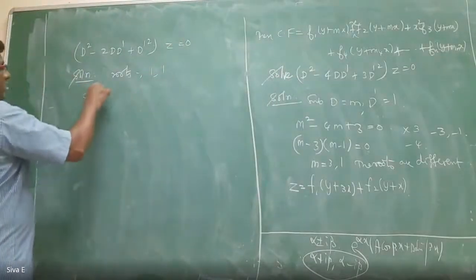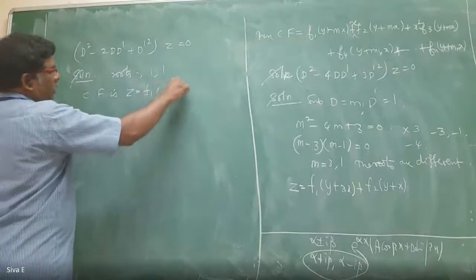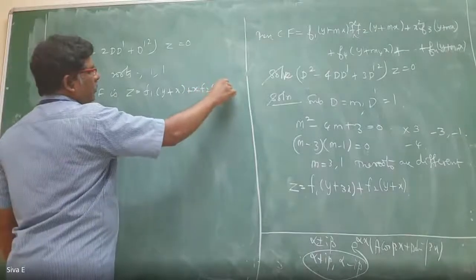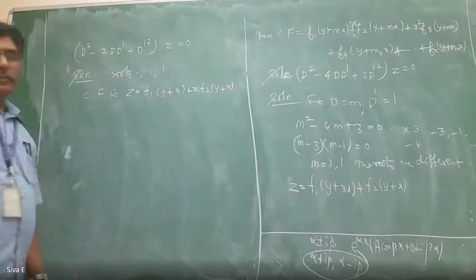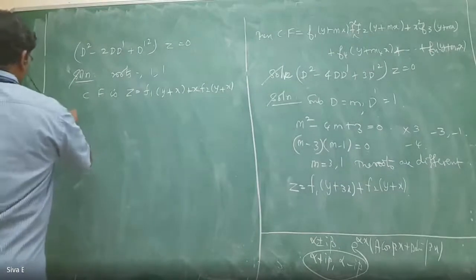The complementary function is z equal to f1 of y plus x plus x into f2 of y plus x. Solve that problem.